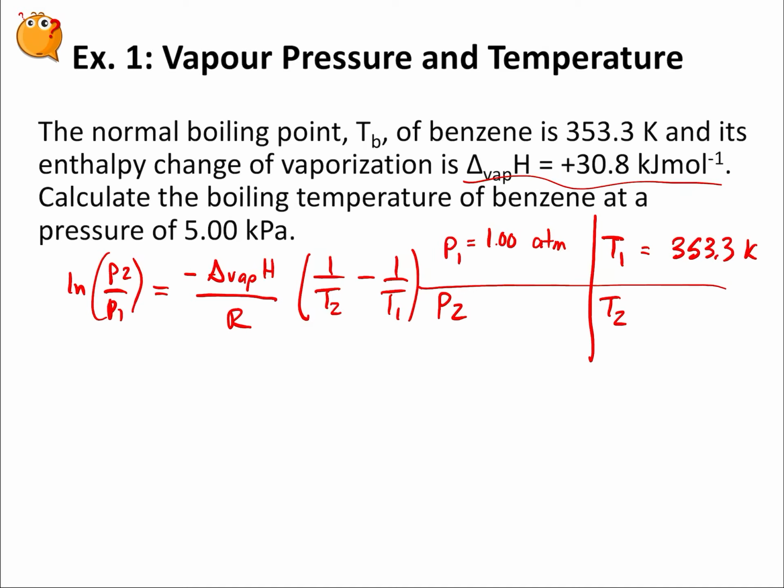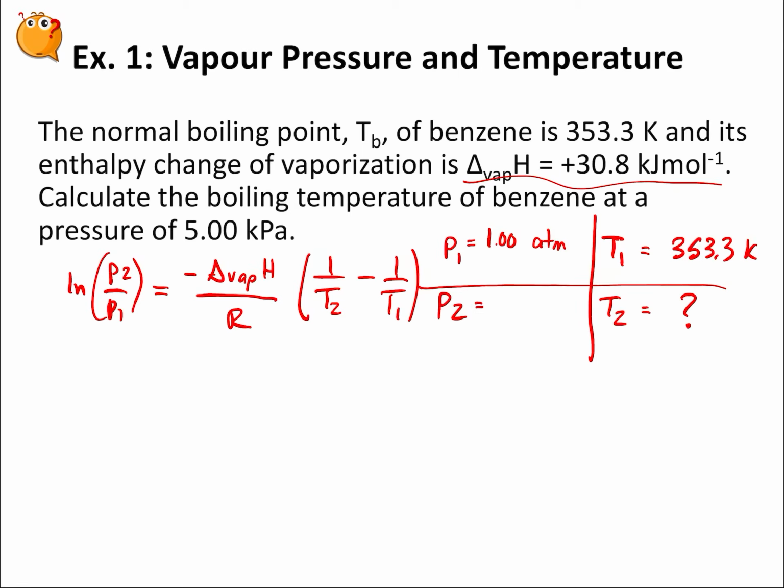We're asked to calculate now the boiling temperature if we reduce the pressure. We know it's reducing the temperature because it's reducing the pressure, but we're not told what that temperature is. So this is our variable. This is what we are asked to solve.